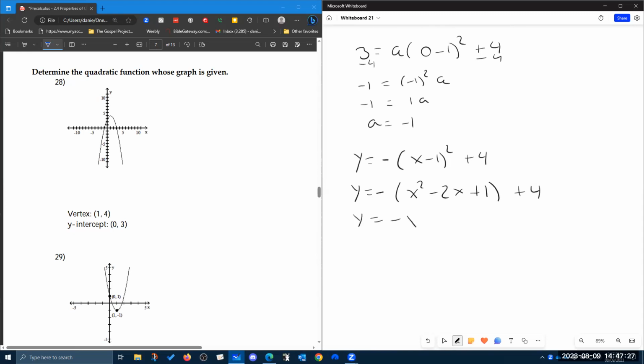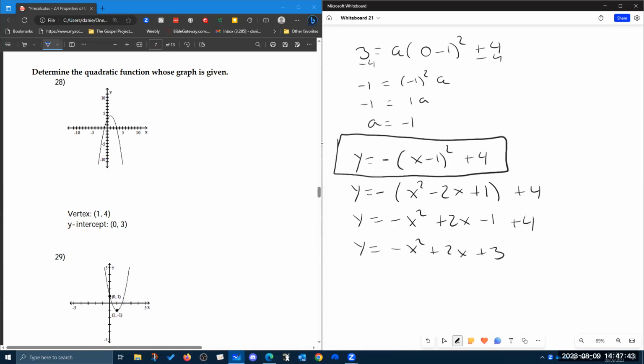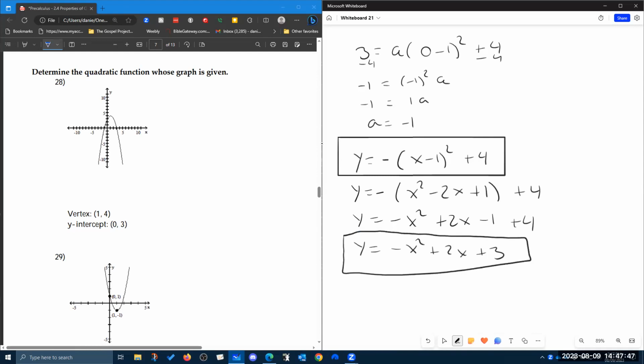Y equals negative x squared plus 2x minus 1 plus 4. Y equals negative x squared plus 2x plus 3. Either of these answers here or here will usually be acceptable.